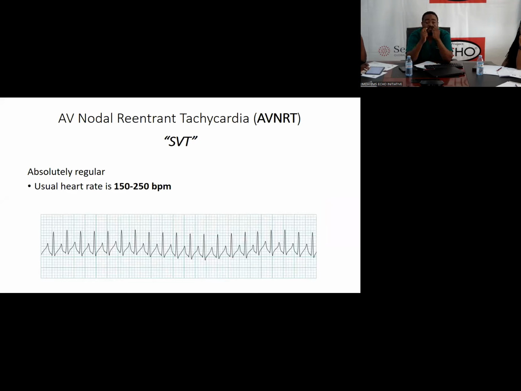Here we have a reentry circuit happening around the AV node. So instead of electrical impulses flowing normally from the atria, to the AV node, to the ventricles, we have reentry happening around the AV node. That causes the heart to go very fast, because where things are supposed to be slowed down at the AV node is where the reentry is happening.